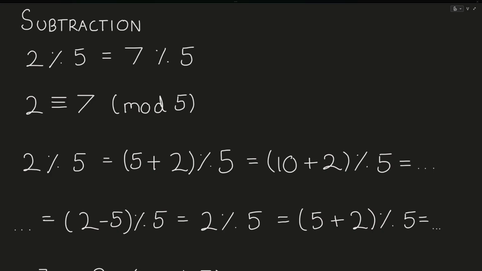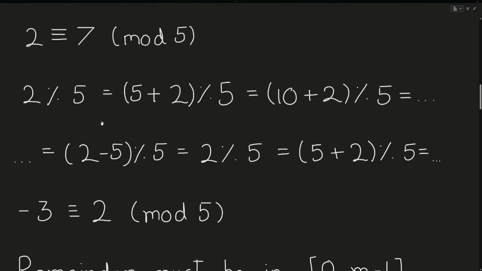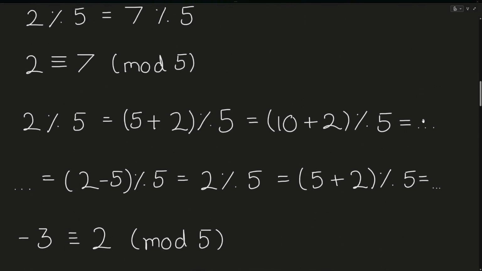Formally, this is written as 2 is congruent to 7 modulo 5. Similarly, we can extend this further. So 2 mod 5 is equal to 7 mod 5, which is also (5 + 2) mod 5, which is also equal to (10 + 2) mod 5, which is equal to 12 mod 5. Now, all of these remainders are equal.